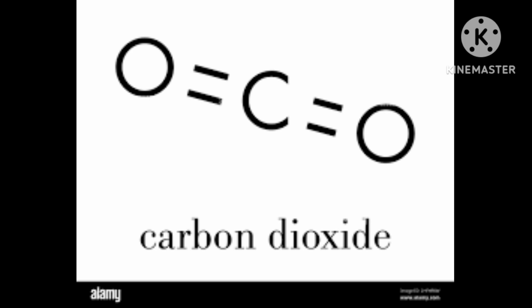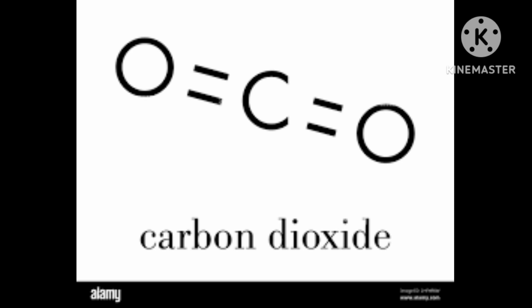In this process, carbon dioxide from air is absorbed in the presence of sunlight and chlorophyll, which is found in the plant. Then in the presence of chlorophyll and sunlight, carbon dioxide is converted to glucose.